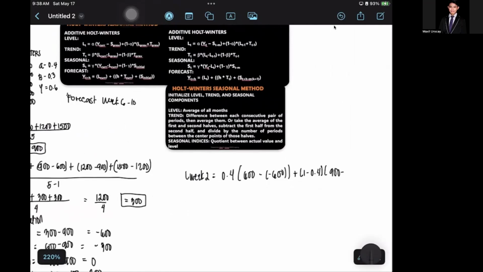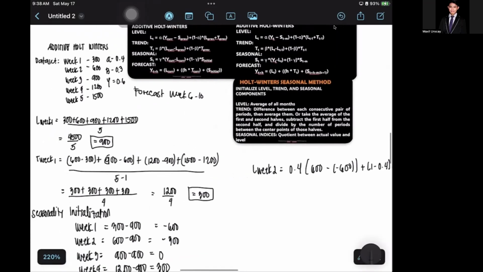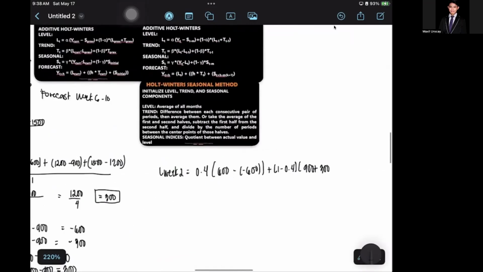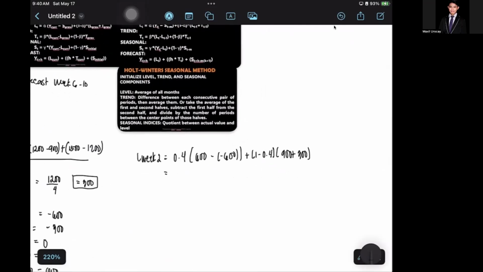Then plus the previous trend. Your previous trend is 300. Okay, that's how you will do it. So 0.4 times 600 minus negative 600, it will become 1,200 because that will become plus. Then 0.6 times 900 plus 300, it will become 1,200.